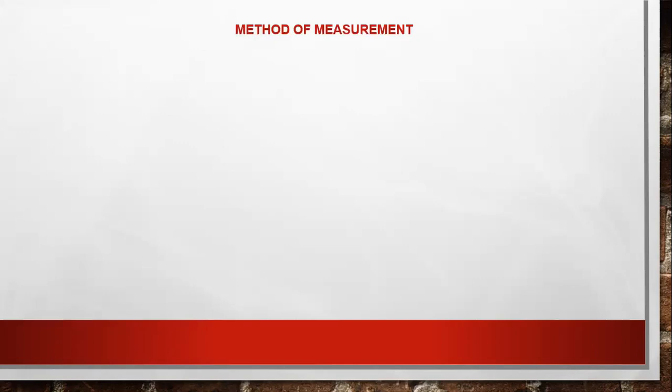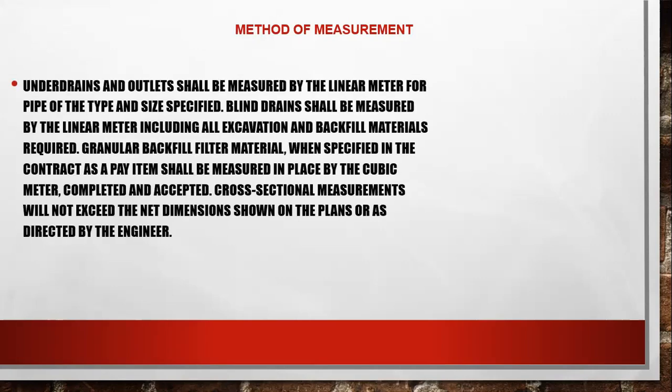So there are methods of measurement. Under drains and the outlet shall be measured by the linear meter for the pipe size specified. Blind drains shall be measured by the linear meter, including all the excavation and backfill materials required.